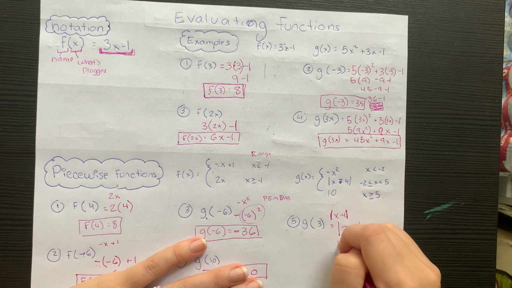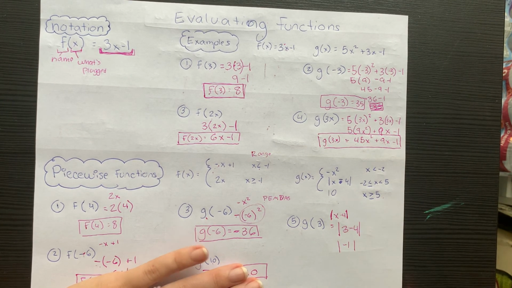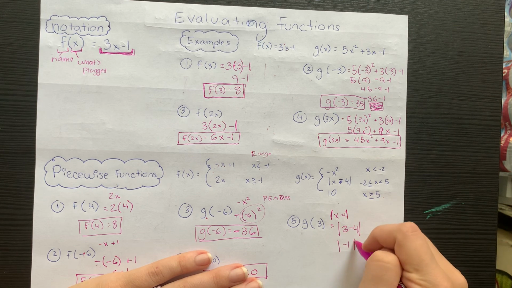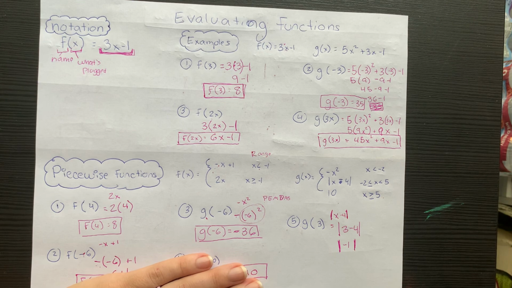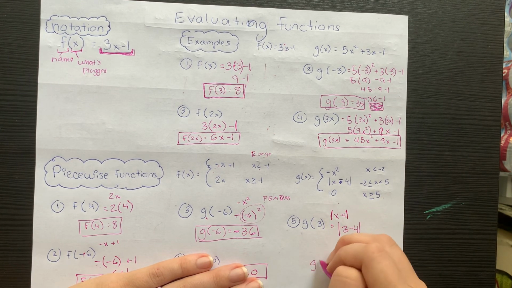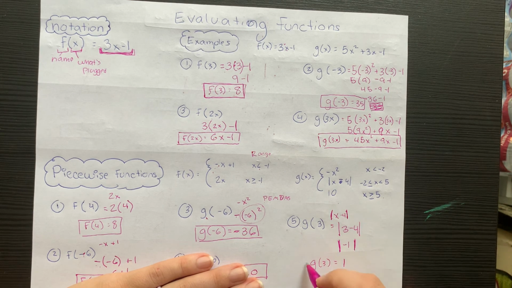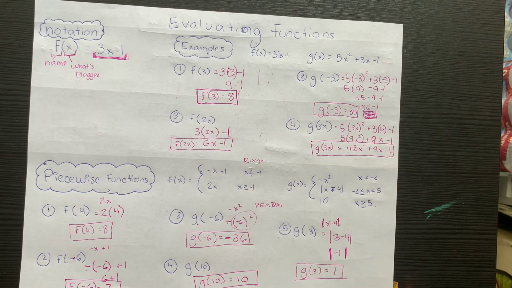Do the middle first. Absolute value of -1. Absolute values, anything in here turns positive. And then they go away. So g of 3 is just 1. There you go. Evaluating functions.